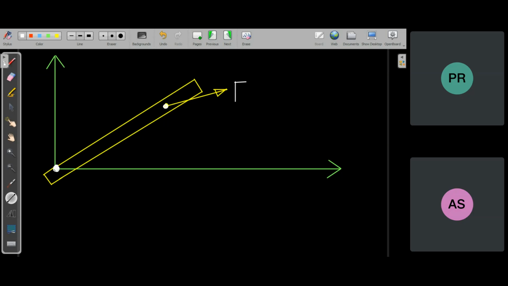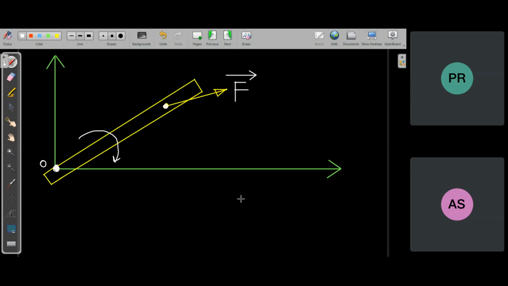Now you can see that this force will try to rotate this rod about point O. It will rotate like this. This means the force is producing some turning effect in the rod, and the rod starts turning about the point O.